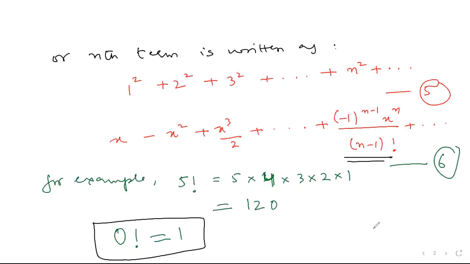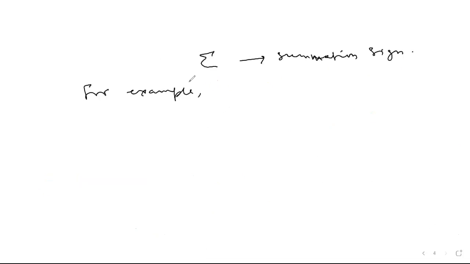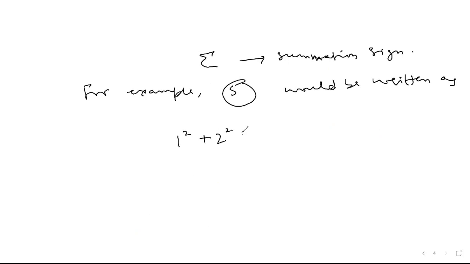For example, this fifth series, 1 square plus 2 square plus 3 square plus 4 square plus so on, we can write it, and let me use this color here, as summation sigma n equal to 1 to infinity of n square.